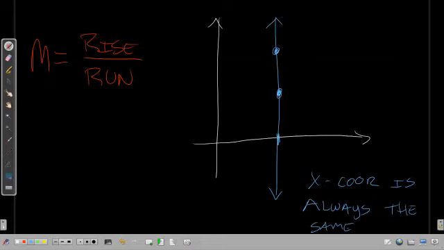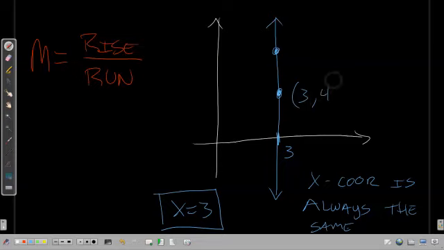So let's suppose that it went through the x-axis right there at 3. The equation for this line is x equals 3. That equation says my x-coordinate is always 3. So this would be like the ordered pair 3, 4, and this would be the ordered pair 3, 6.